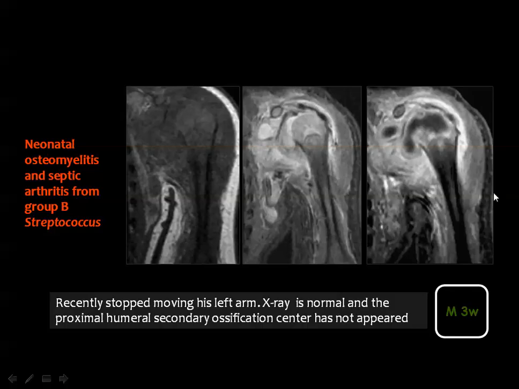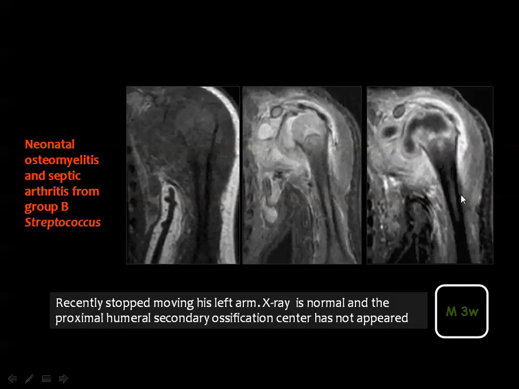And after injection of contrast, one of the best clues for infection is the detection of what looks like an abscess. Here you see a fluid collection which is marginally enhanced, and also here you see a collection which is marginally enhanced.